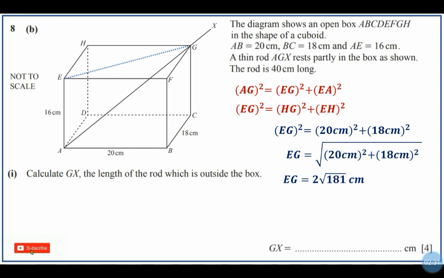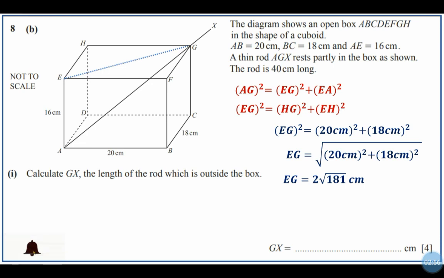Okay, we know already EG, we know already EA. To find AG, you'll just use the Pythagoras theorem again. Why? Because this figure is a right triangle with the right angle here, so AG is the hypotenuse.